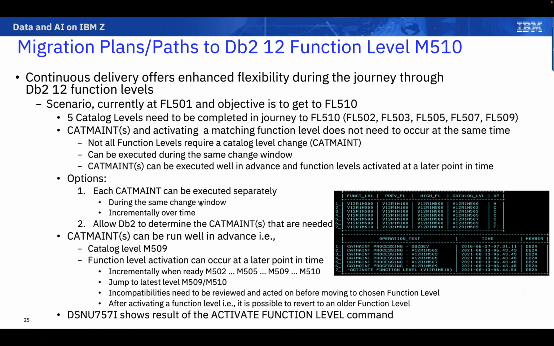Now, if you have a quarterly maintenance window coming up, let's say I have a customer who is nowhere near ready to go to 510, but they have a maintenance window this coming weekend. They're in Europe, and they're not going to have another maintenance window till December. So in this maintenance window, they already have maintenance level 510, they're going to increment the catalog, and then they can go to a function level when they're ready.